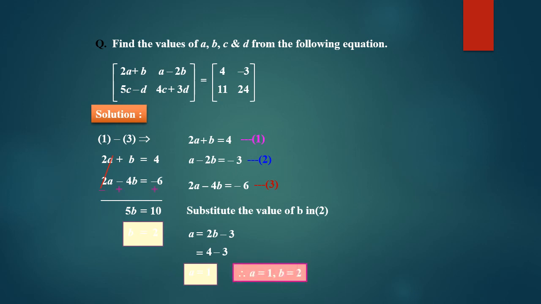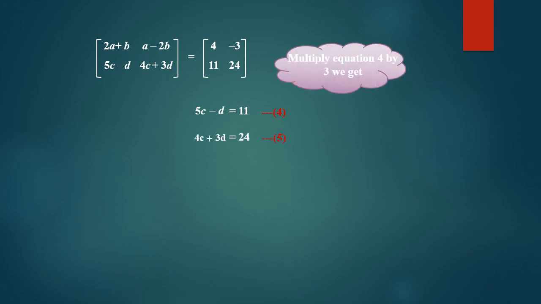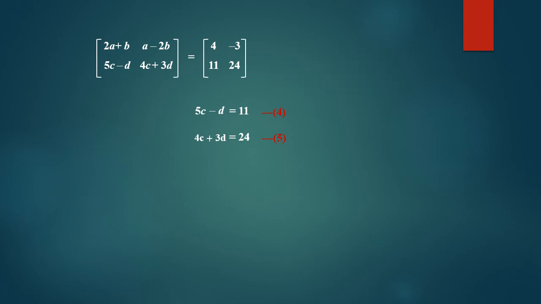Next we will calculate the values of c and d. Again equate the third element with the third element and the fourth element with the fourth element. We need to simplify it further. So we multiply equation 4 by 3, we get 15c minus 3d equal to 33.